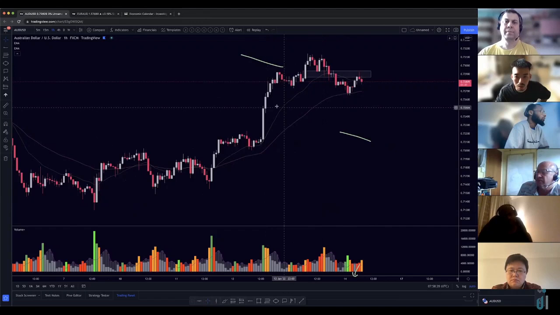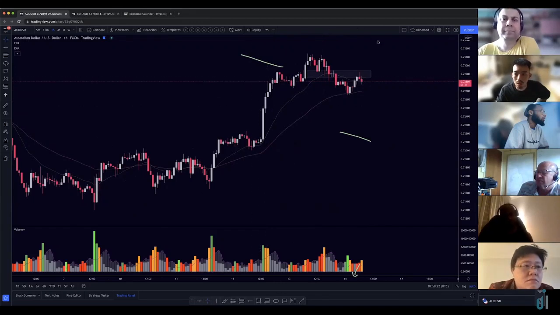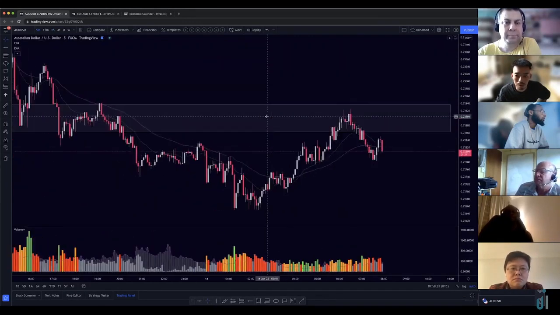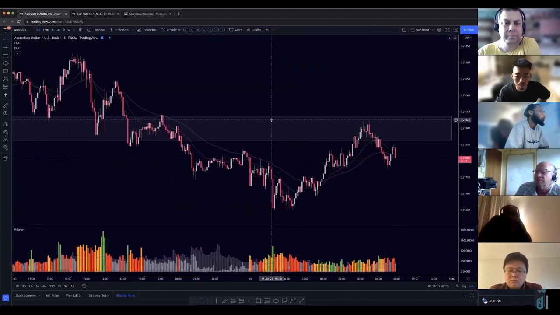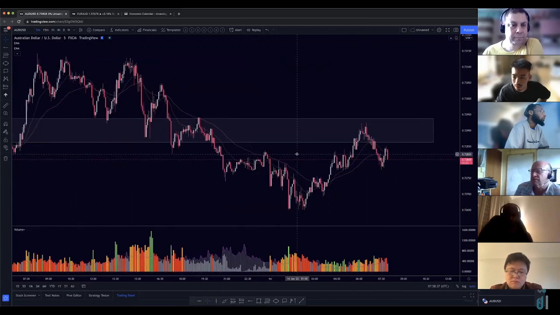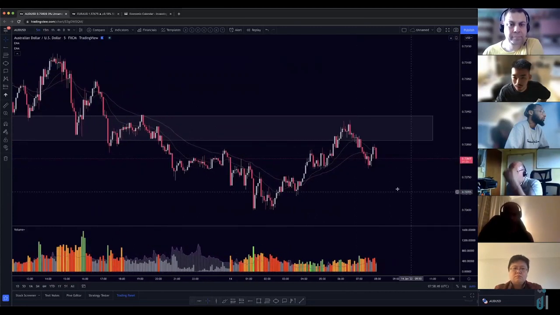So let's just see on the 5, what's this pullback doing? Is the volume good or not? Let's drop down to the 5. Okay, so this zone here is where the 60-minute level is. So on the 5, we have a few things going on.